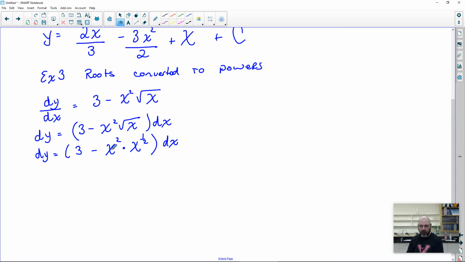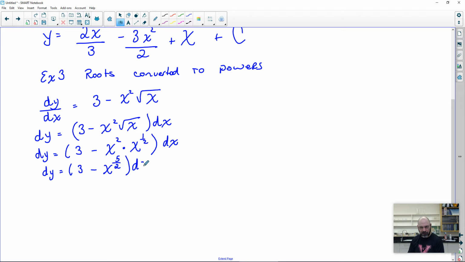Now we know that exponential rules, when you have the same base, you add the exponents. So we're going to end up getting 3, and then we go 2 plus 1/2. It's best to write that in fractional form. So this is going to end up being minus x to the 5 over 2. If we take it over halves, 4 over 2 is equal to 2, so 4 over 2 plus 1/2 is 5 over 2.